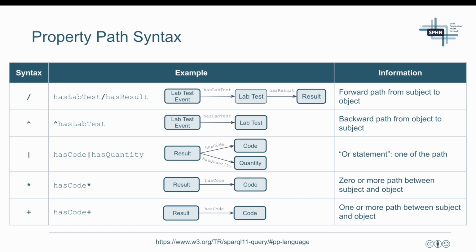This is useful for traversing arbitrary path lengths. The plus syntax indicates 1 or more paths between the subject and the object node. This is also useful for traversing arbitrary path lengths, and this sort of makes the assumption that the path already exists before you can traverse down that particular property path.